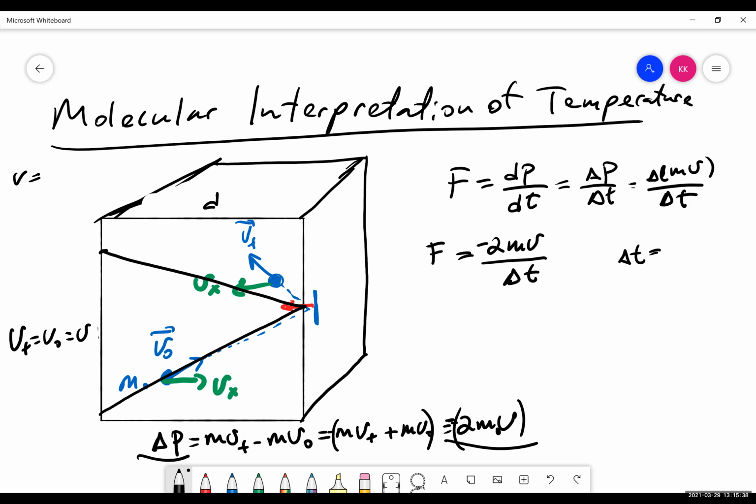So v equals distance over time, and rearranging, time equals distance over v. My distance here is 2d, because it travels one d and then a second d back and forth until it collides. So 2d divided by velocity.